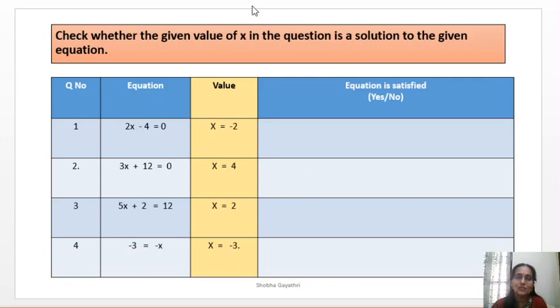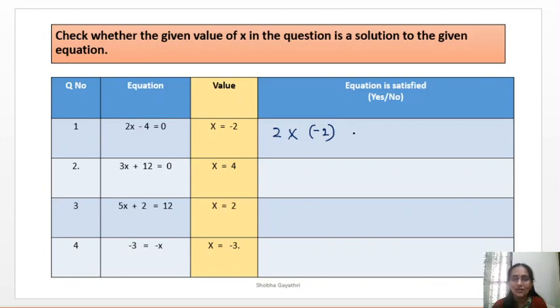Let us substitute the value now. 2x minus 4 equals 0. The value is given as x equals minus 2. So let us substitute in the place of x. You have to substitute the value of x; only write the value minus 2. Here 2x means x is multiplied by 2, right?